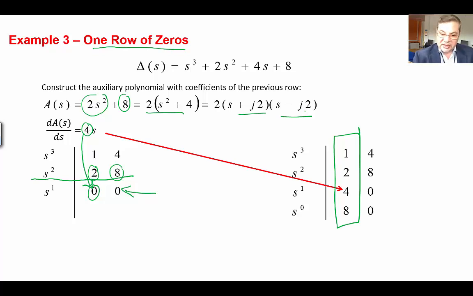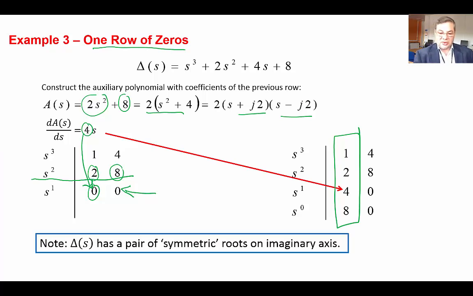So in fact, you will find that this system has 2 poles on the imaginary axis at plus 2j and minus 2j. And this is the condition when the system is at the edge of stability.